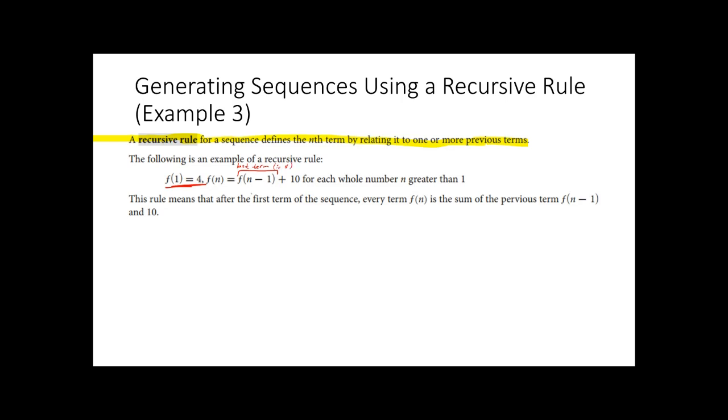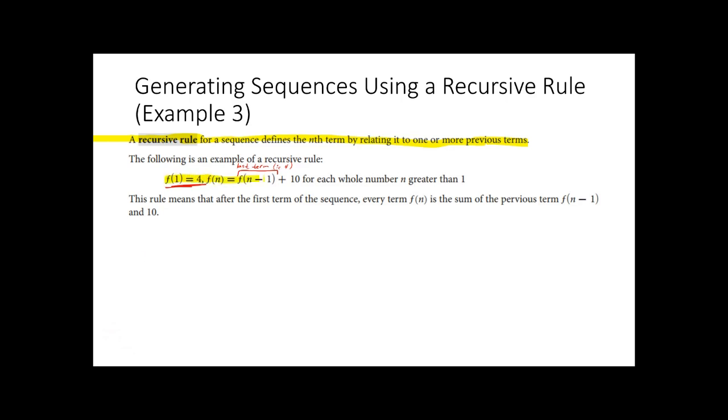So this is the recursive rule. Oops, sorry, it's including the plus 10. Let me go ahead and just highlight it. This whole thing right here, and it doesn't show well on the screen, does it? There you go.